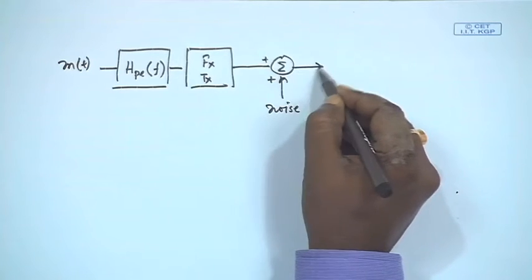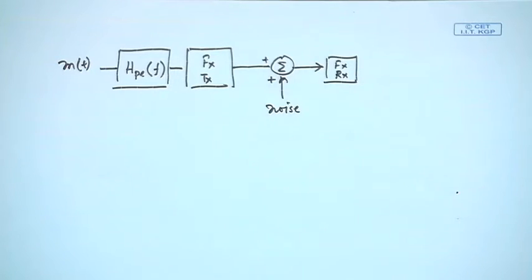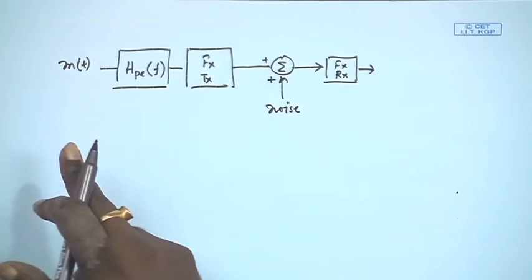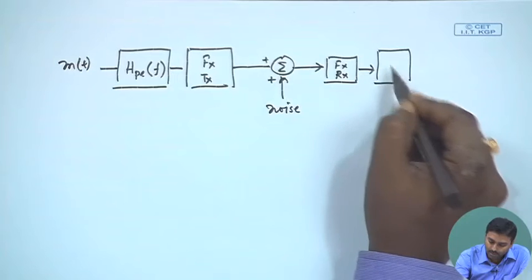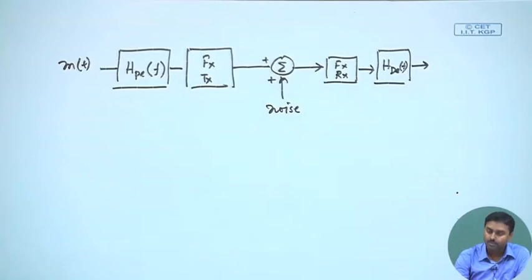Then I go to the FM receiver, followed by, of course, cancelling that pre-emphasis. So, I have to put an H de-emphasis filter, and that should be my transmitter receiver chain.